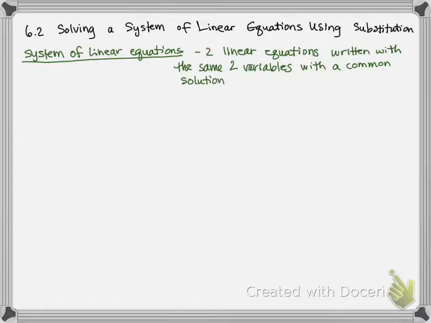Okay, now we're going to talk about three different types of solutions, and we've kind of talked about this in a different format in an earlier chapter. So the first one is the one we expect to see, and that's one solution.